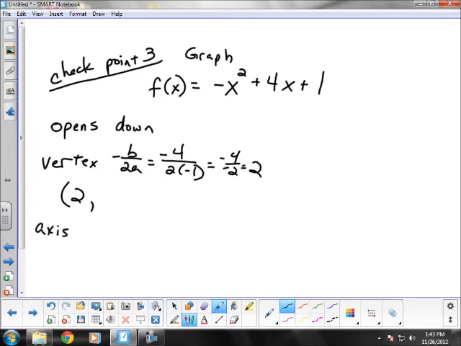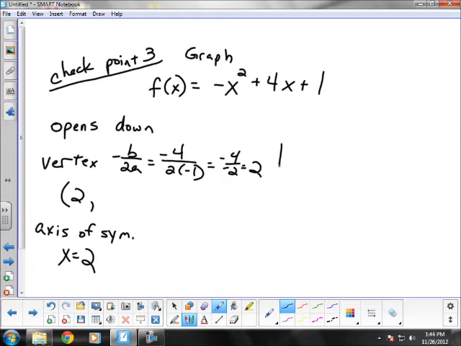So I already know my axis of symmetry, right? Yes? How do I find the y value to go with this 2? Plug it back in for x.